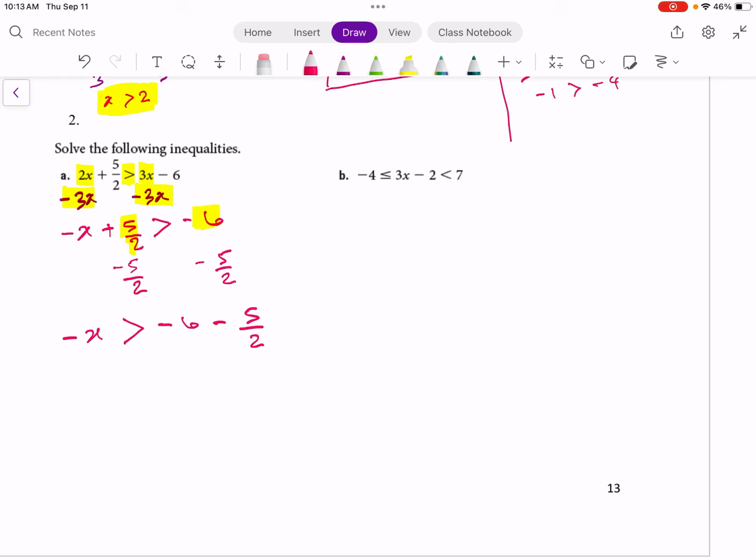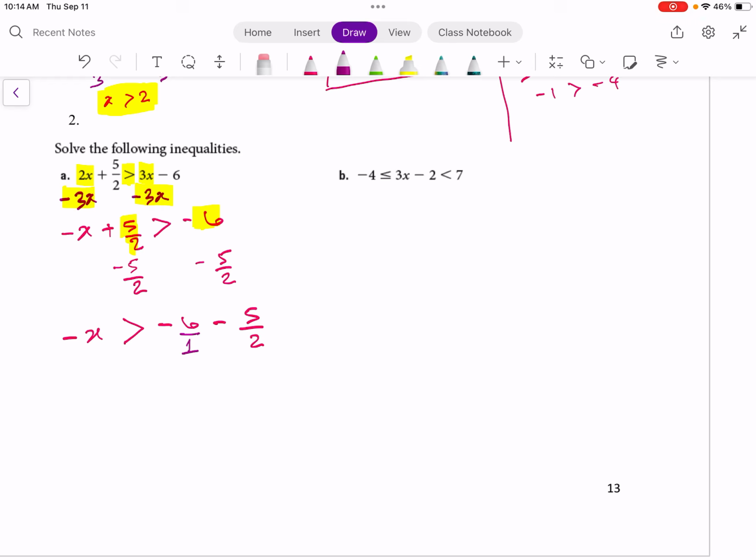Now how do we find this? What is the difference of these two numbers? This is a fraction, and every time we are adding or subtracting a fraction, we need a common denominator, right? Negative 6 has a denominator 1. Now, what would be a number which is divisible by 1 and 2, or what is the common denominator here? 2.